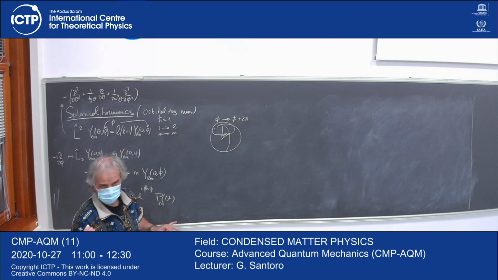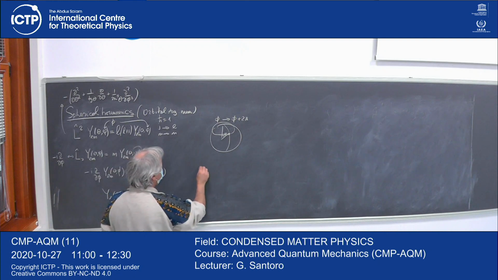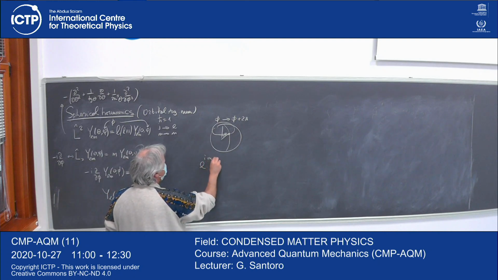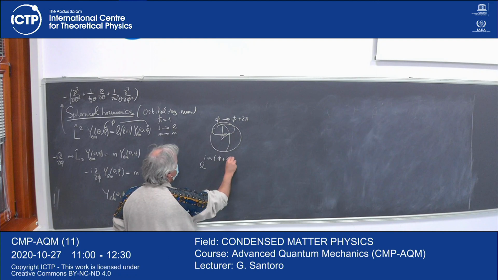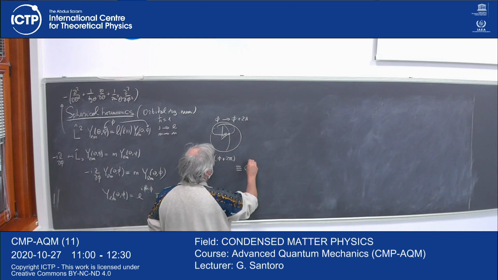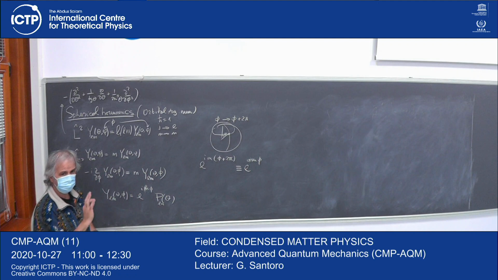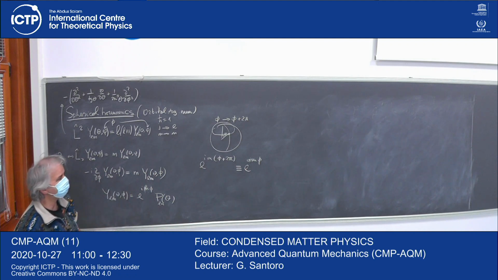However, if you change in this function e to the i m phi to e to the i m (phi plus 2 pi), I pretend that this should be the same thing as e to the i m phi. Otherwise, it makes no sense to write this as a wave function in space.